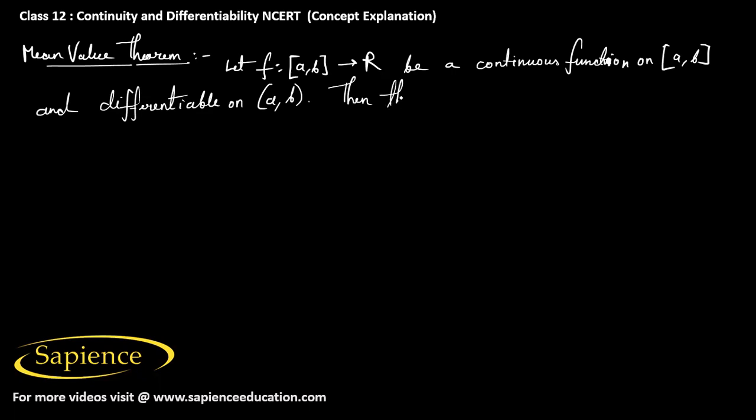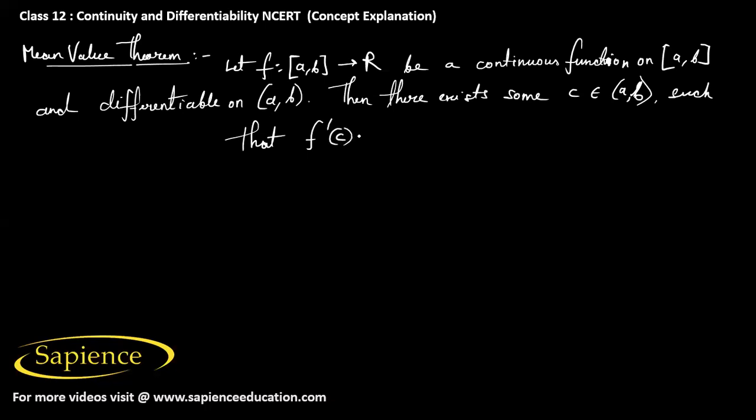Then there exists some value c which belongs to the open interval a to b, such that f dash c is equal to f of b minus f of a by b minus a.